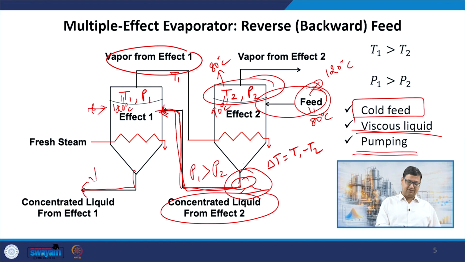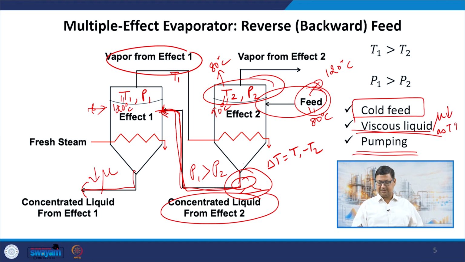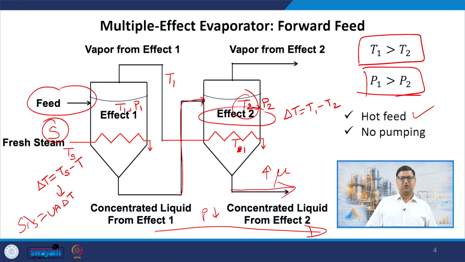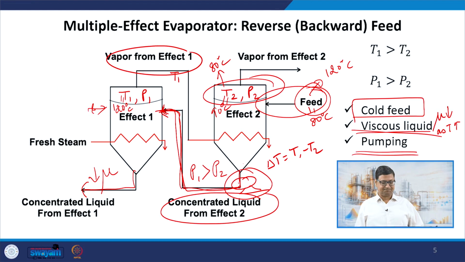So, this will have therefore a lower viscosity. So, knowing that viscosity decreases as temperature increases, if I have a viscous liquid, I will prefer that the product is coming from the hotter effect, which is effect 1 in the case of a reverse feed, and that is why we are preferring that. In the case of a forward feed, the product is coming from the colder effect. So, naturally the viscosity will be higher and we will have issues with flow and all that.